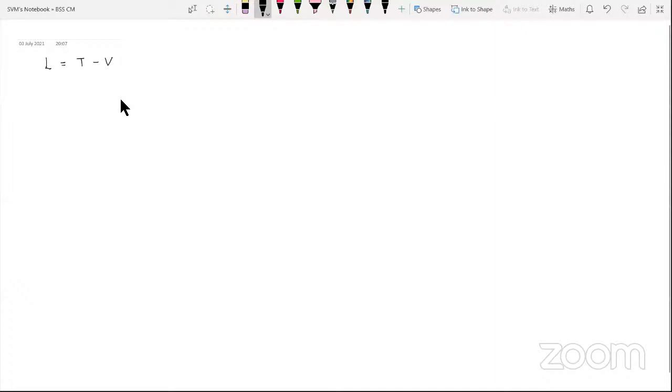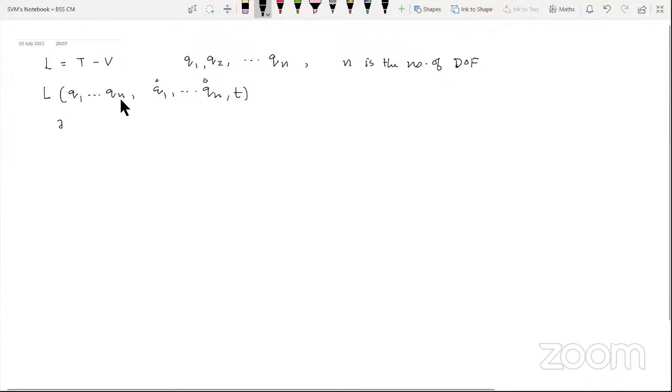Once you have a set of generalized coordinates, q1, q2, up to qn, where n is the number of degrees of freedom, the Lagrangian is a function of q1 to qn and q1 dot to qn dot, and could be a function of time. Then you have the Euler-Lagrange equations of motion, which we derived the other day.